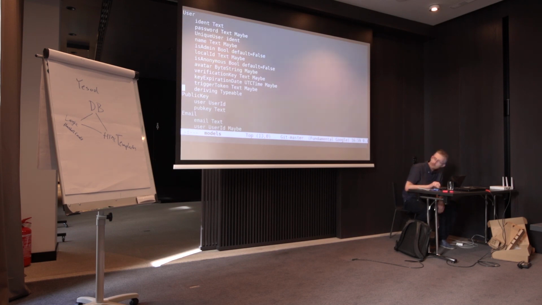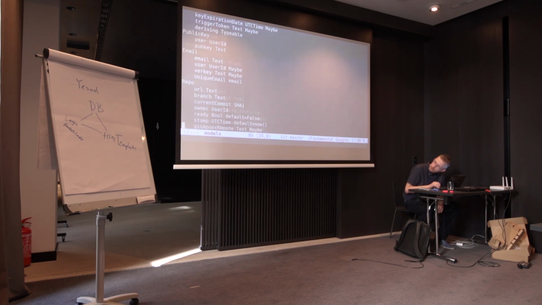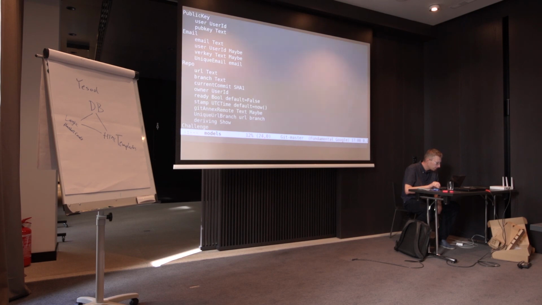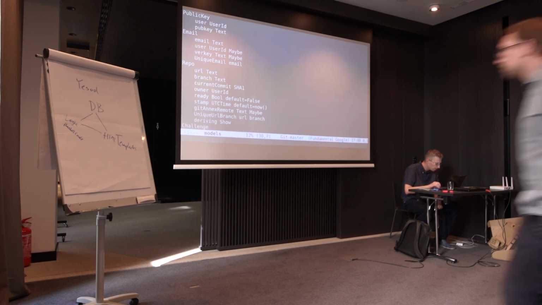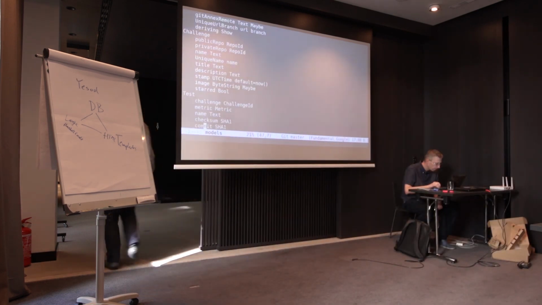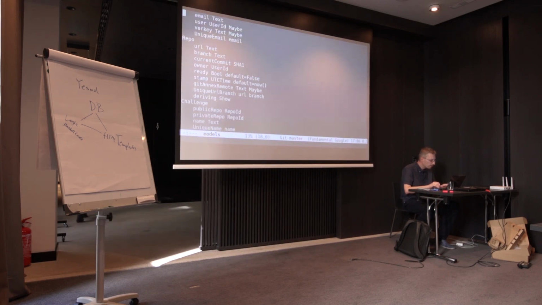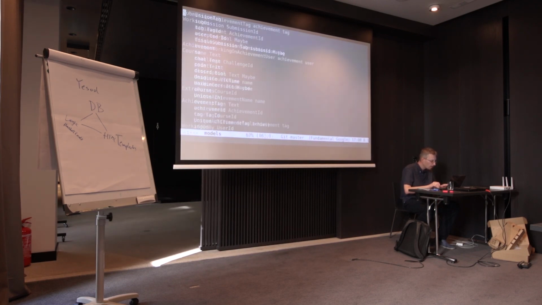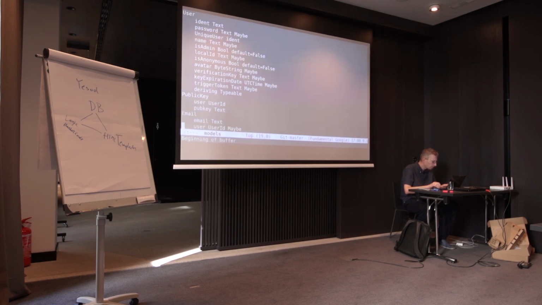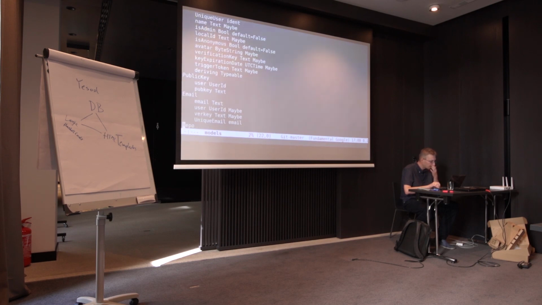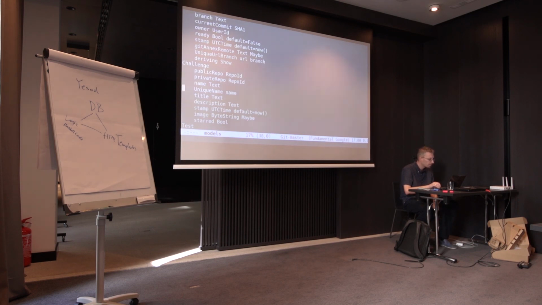But this is a very simple language, and you just define tables and their fields. Also, you could define some keys in your tables and so on. So as you can see, the structure of the database is obviously not the most complicated in the world, but it's not just 2-3 tables. There are more of them.